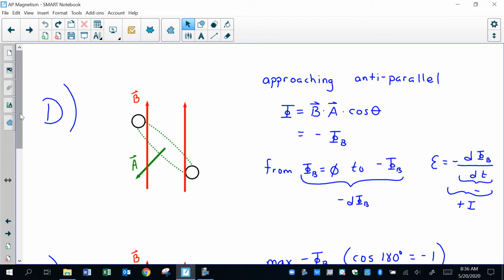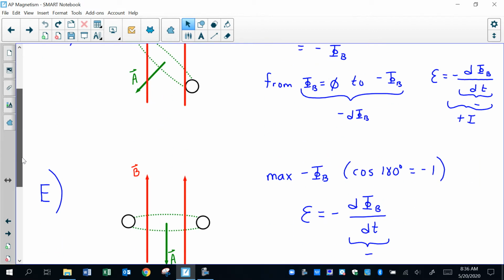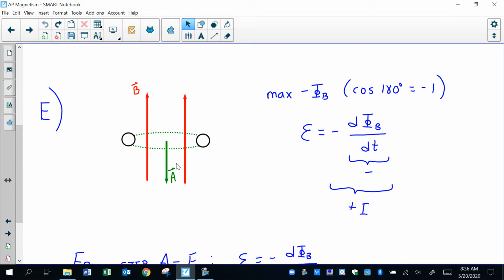And if I complete 1/2 of a rotation, I get to this point right here. I am now at a maximum amount of negative flux. So I went from C, which was 0 flux, to D, which was a little bit of negative flux, to E, which is our maximum negative flux.